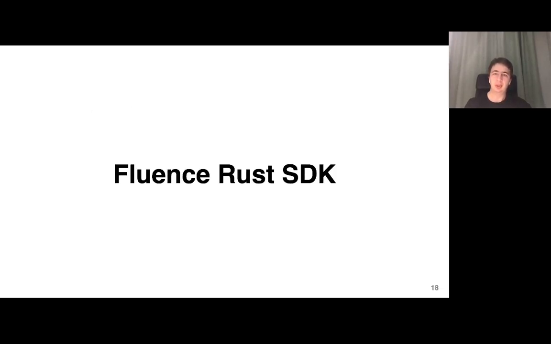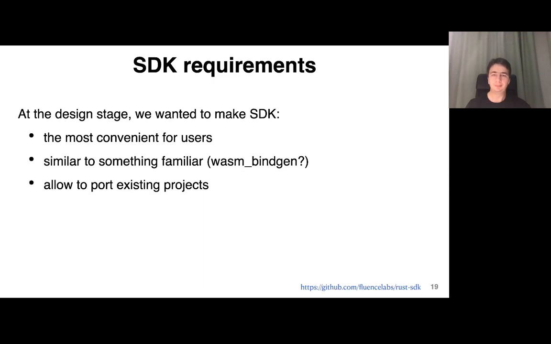So let's move on to the Fluence Rust SDK. When we started to develop it, we ended up with such requirements. First of all, we want to make our SDK the most convenient for users.